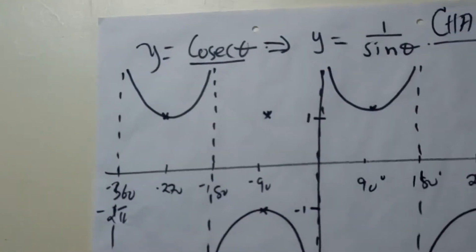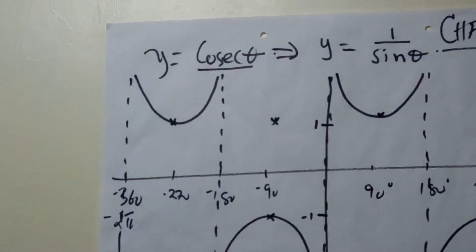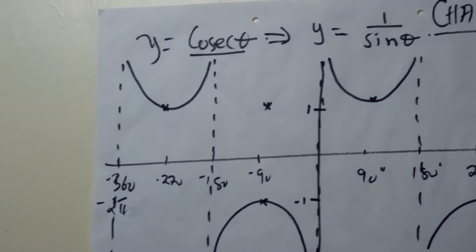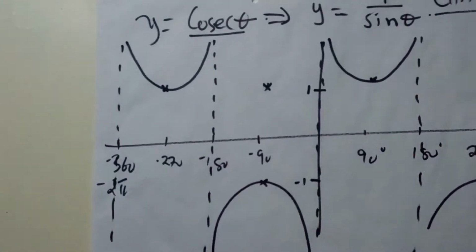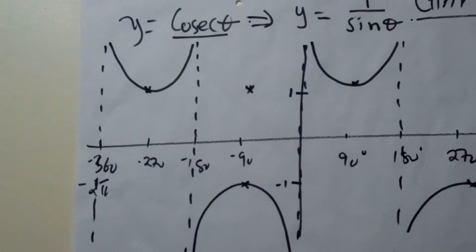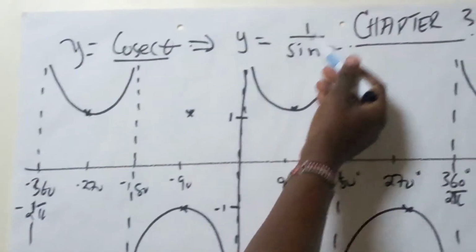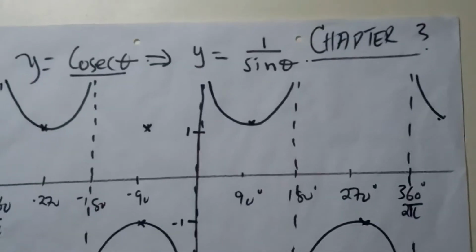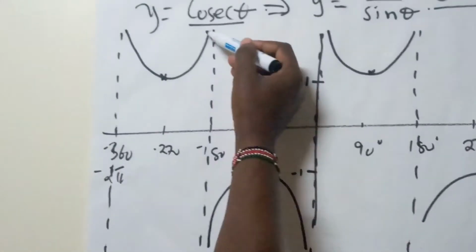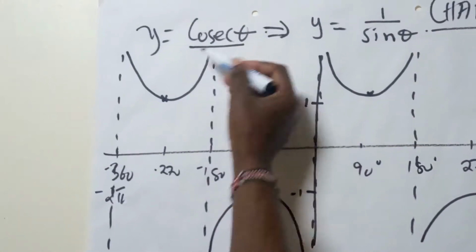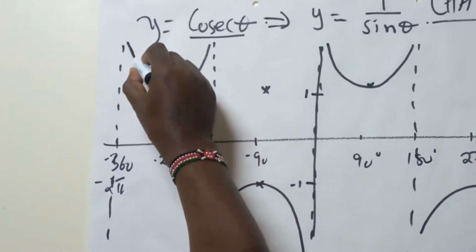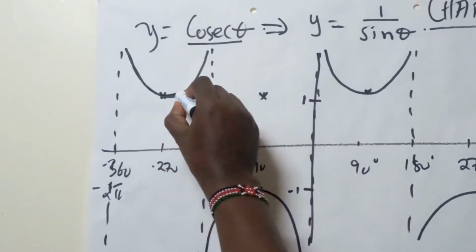So what is the sine of negative 181 degrees? This is another very small positive number, and 1 divided by 0.0174 is another very big positive number. So we are talking of a graph that really looks like that.